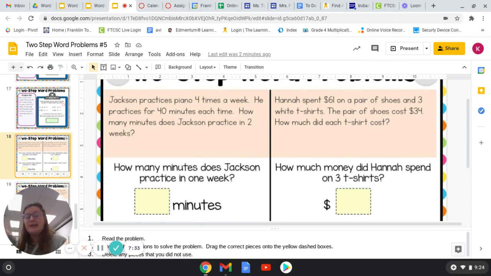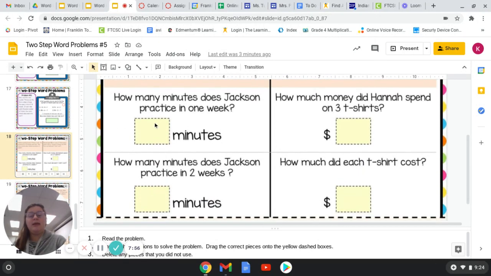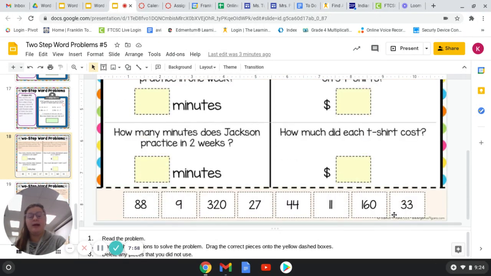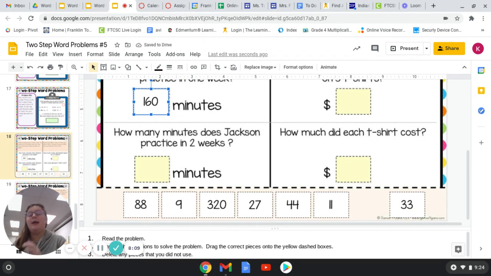If you remember, that "each" tells me I'm going to either multiply or divide. But I see the word times in there, so I know I'm going to multiply. So I'm going to do 40 times 4, and you can't type into this box, you have to drag the correct answer from down here. So I know that he spends 160 minutes a week practicing.